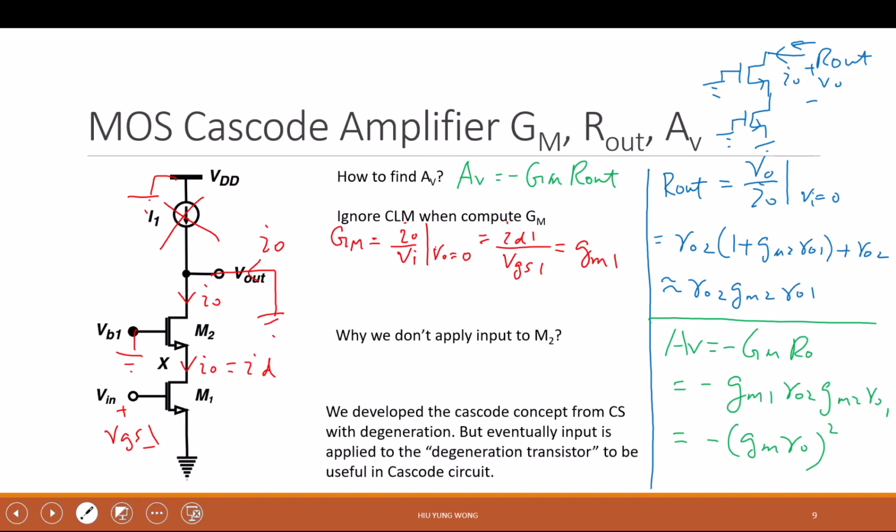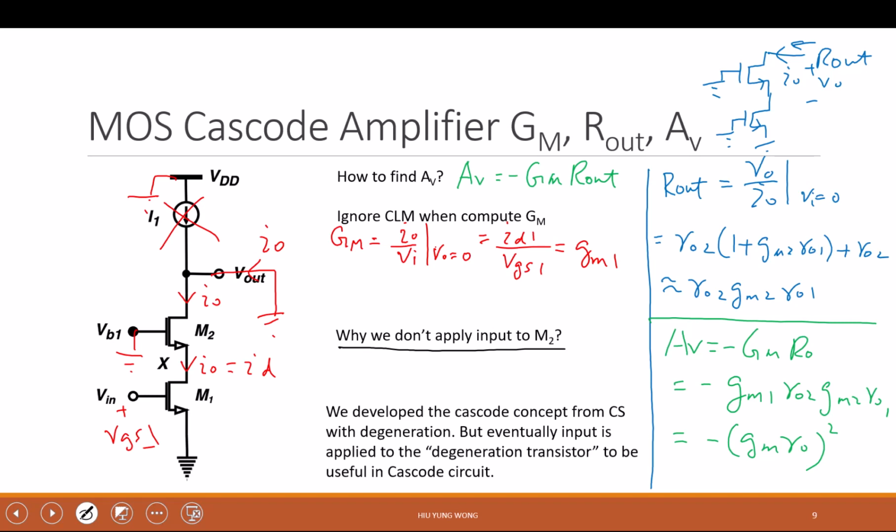So Cascode amplifier is used a lot in applications. Okay. So here I want to emphasize two things. Why don't we apply the input to M2?